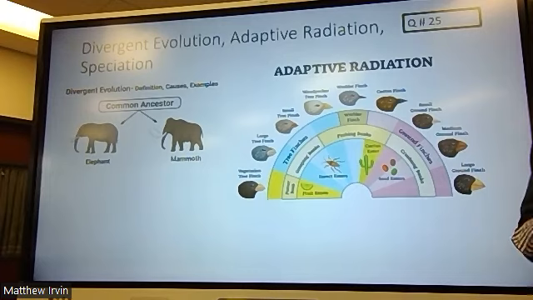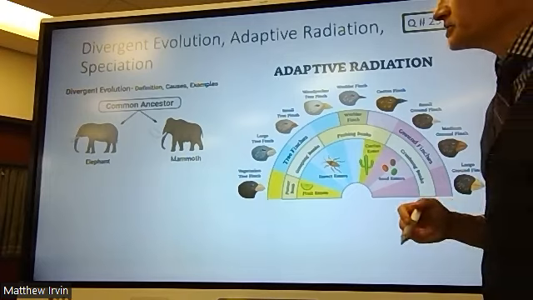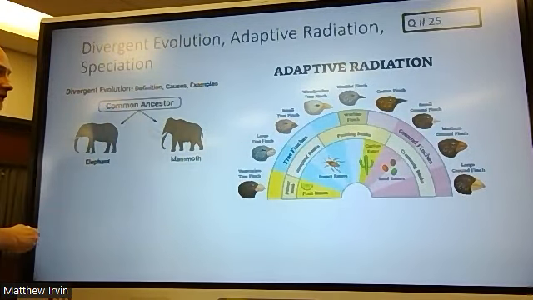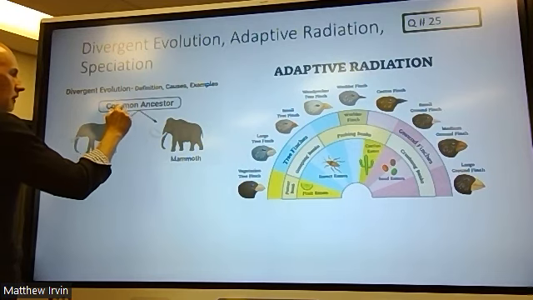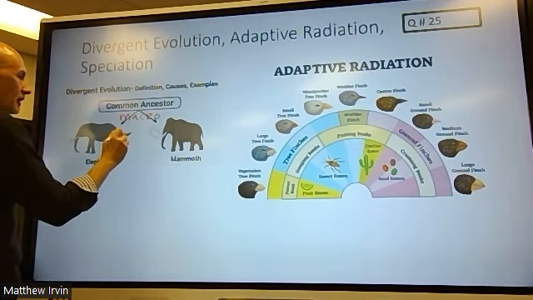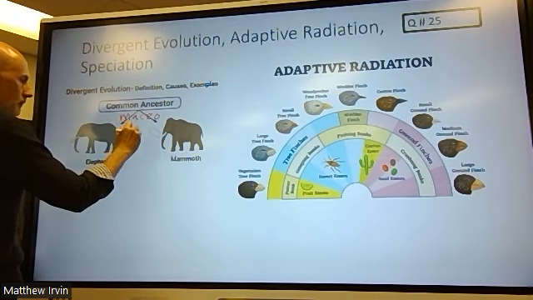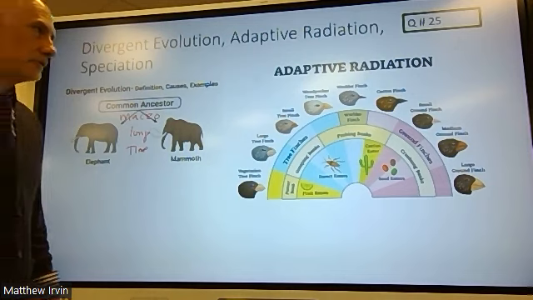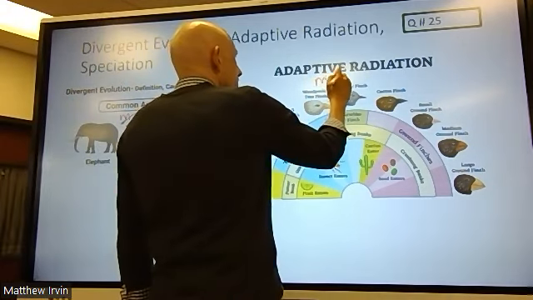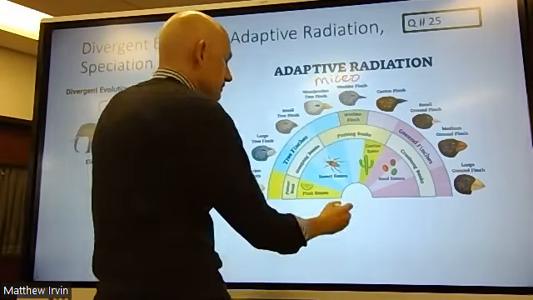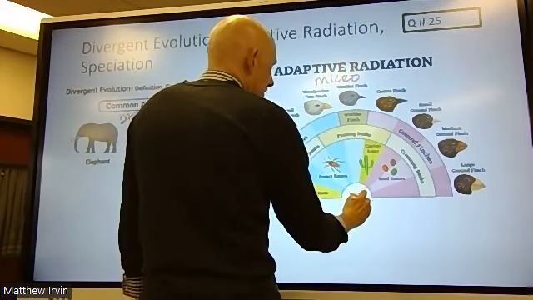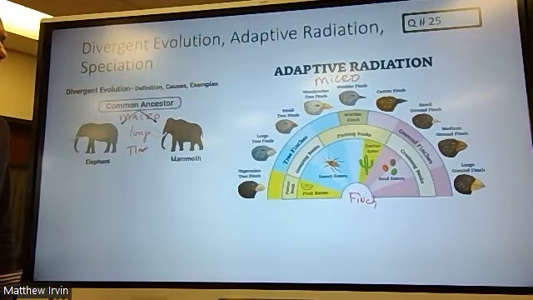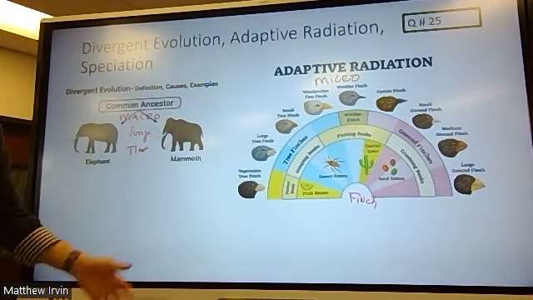All right, so then our basic types of evolution. Divergent evolution: you have a common ancestor, and then over time you get kind of large scale changes. So this is going to be macroevolution, for a long time. Adaptive radiation is more microevolution. So this was your common ancestor that landed on the Galapagos, and then getting into different areas, it changed.